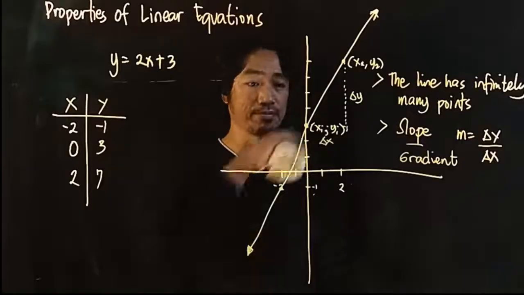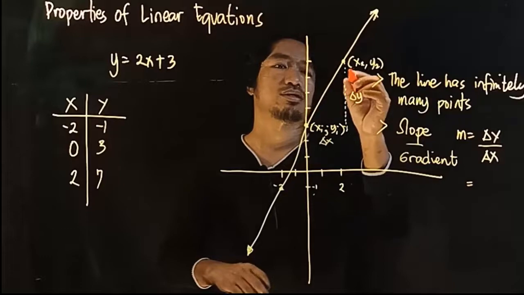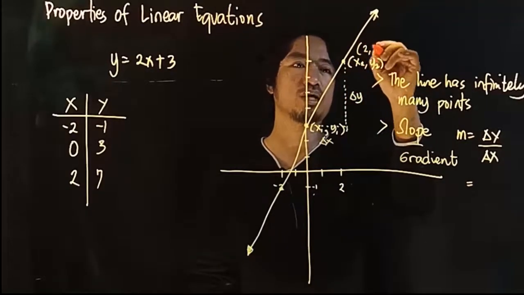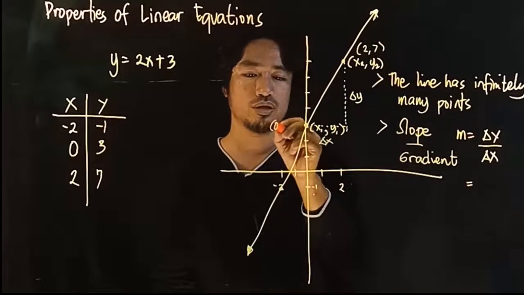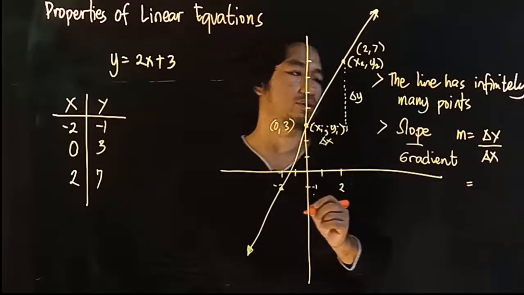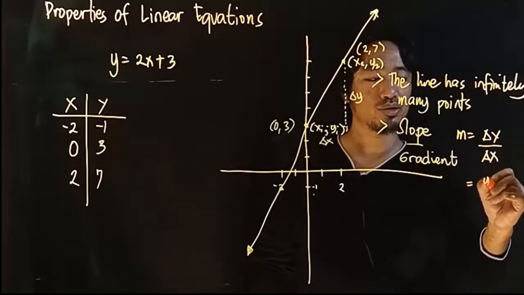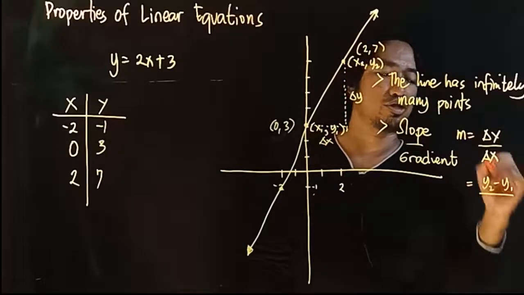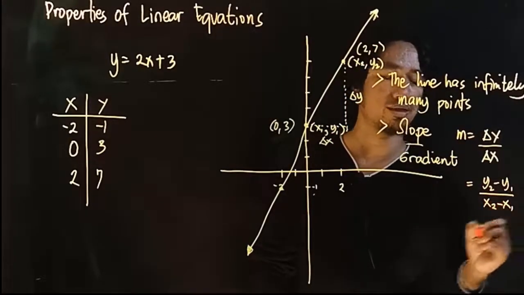So for this case, the value of the slope is found as follows. This point has a coordinate of 2 and 7, and this point has a coordinate of 0, 3. The change in y is the difference between the y coordinates, or y2 minus y1, and the change in x is the difference between the x coordinates, x2 minus x1.